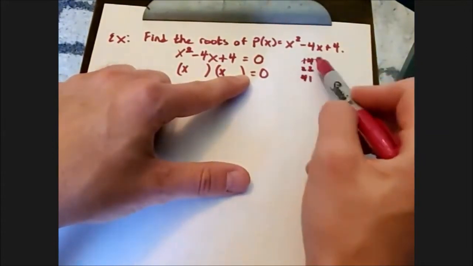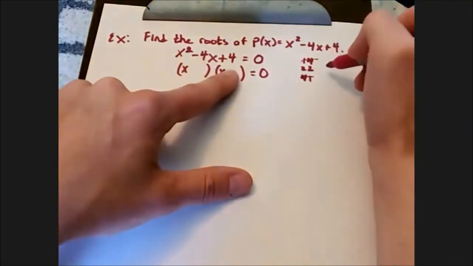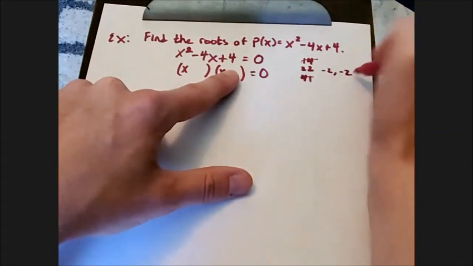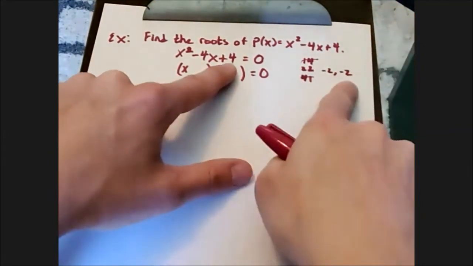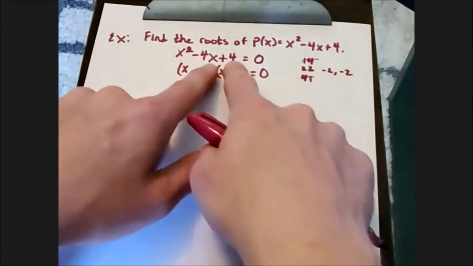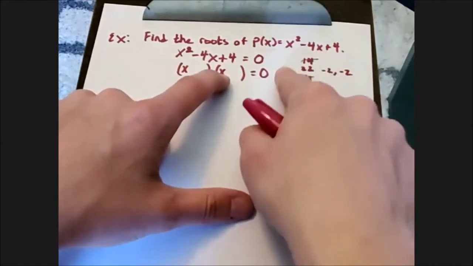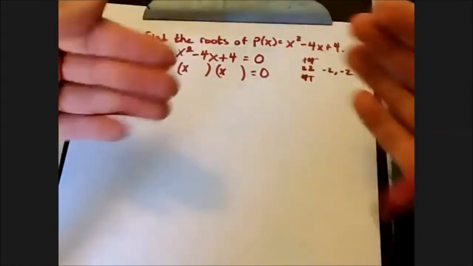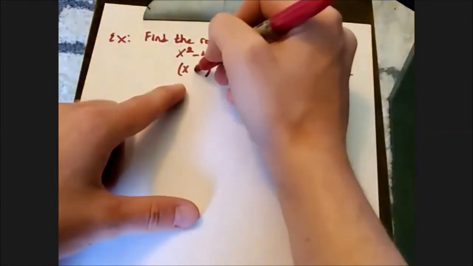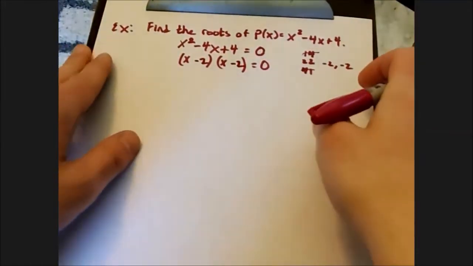We don't want 5, we want a 4 here. And then how do I get the -4? Well, I'd have to use -2, -2, right? -2 times -2 is still +4, and it also adds to -4. So if you have a hard time just doing that off the top of your head, you can always make a list and then piece it out that way. But like I said, my two numbers are going to be -2 and -2.